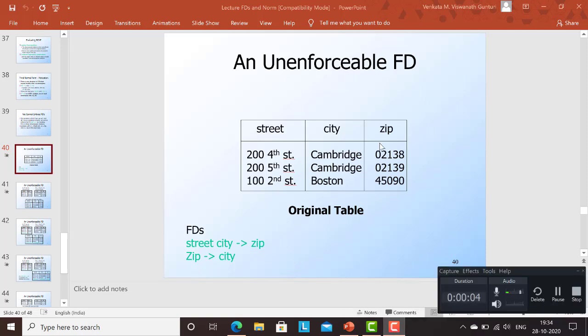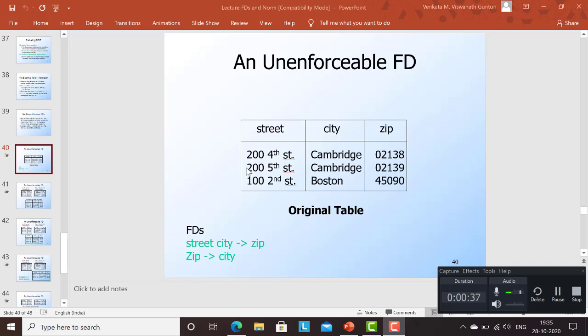So let's say this is our table: street, city, and zip code. Our street addresses are like this, 204th Street, 205th Street, and so on. Then you have the city information, and then the zip code. Let's say this is your original table storing the addresses, and you have two functional dependencies coming from your business logic. Given a street and a city, you can uniquely identify the zip code, right?